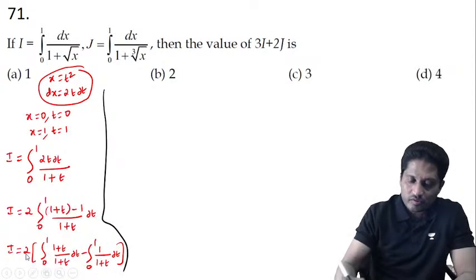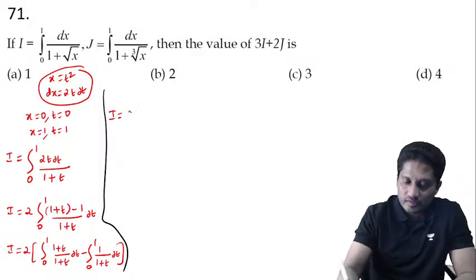Okay, so I is equal to 2 times, this will cancel. Open the bracket. Integration of dt is t. Again, integration of 1 by (1 plus t) is log of 1 plus t, between the limits 0 to 1.